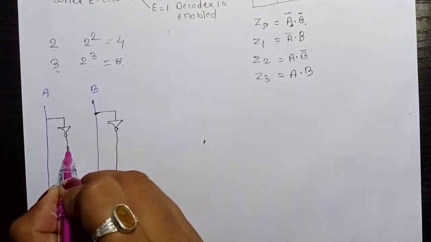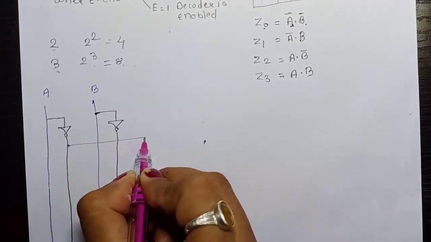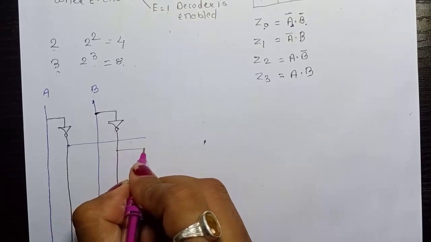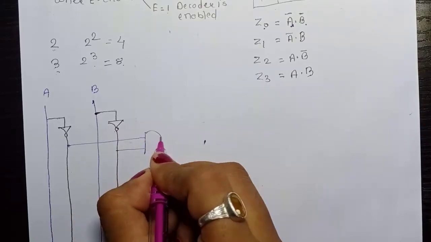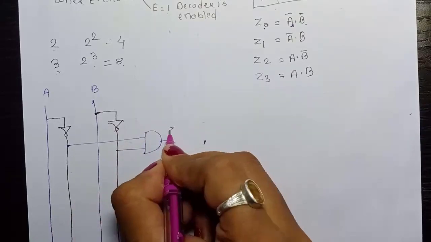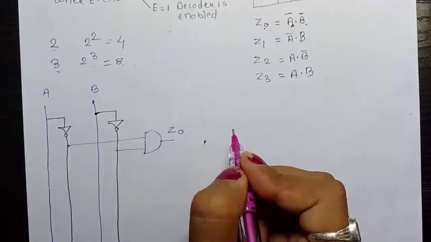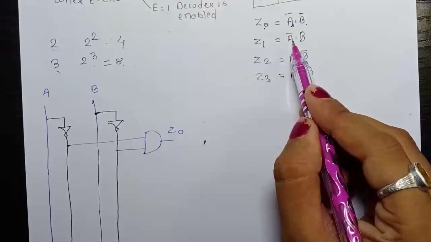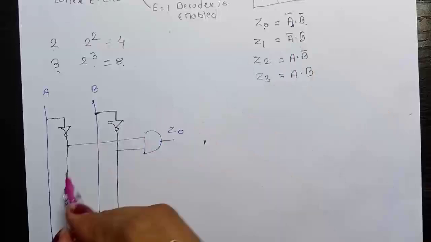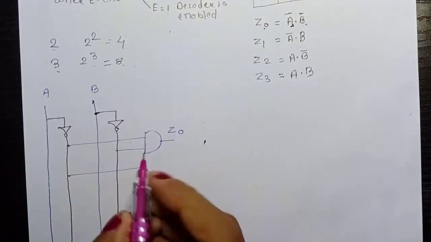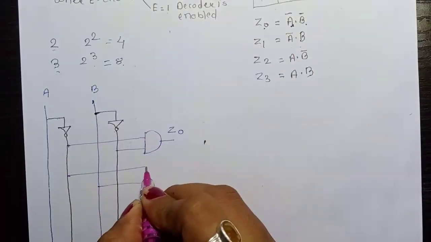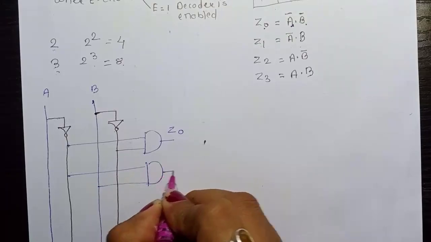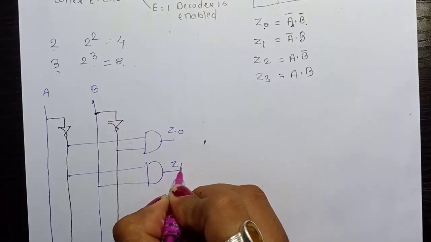So A bar into B bar, this is the complement of A. So A bar into B bar, AND gate, and this is your output Z0. Then Z1, A bar into B, that means complement of A and B. So A bar into B, it is your Z1.